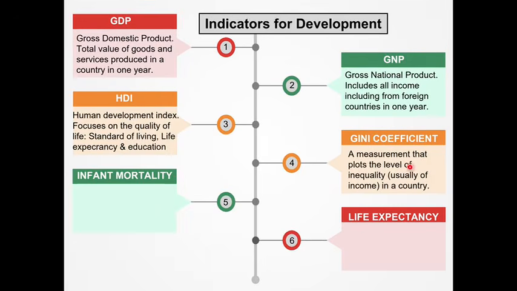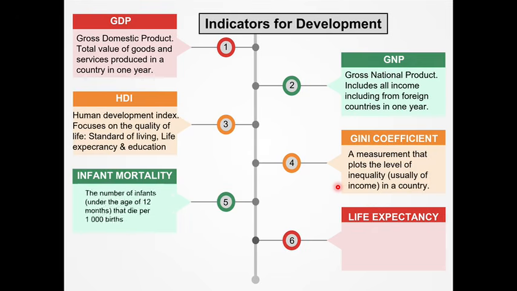Now here you will see that in many countries you get a huge gap between the rich and the poor. And that level of inequality, usually of income, is called your Gini coefficient.